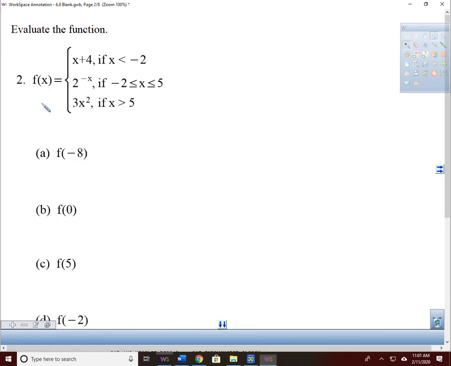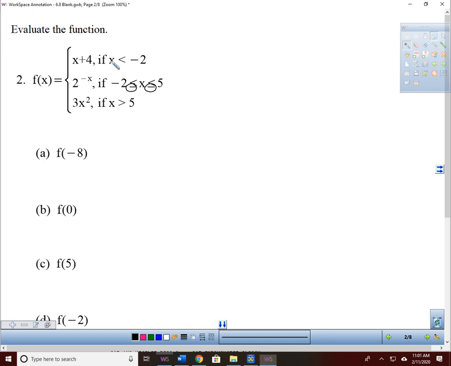So let's do a few more of these. This time I have 3 pieces, okay? So when x is less than negative 2, I will use this piece. When x is in between negative 2 and 5, also including those values because there are equal to bars there, then I will use this piece. When x is greater than 5, I will use this piece. So if I'm looking at negative 8, I have to figure out where that fits.